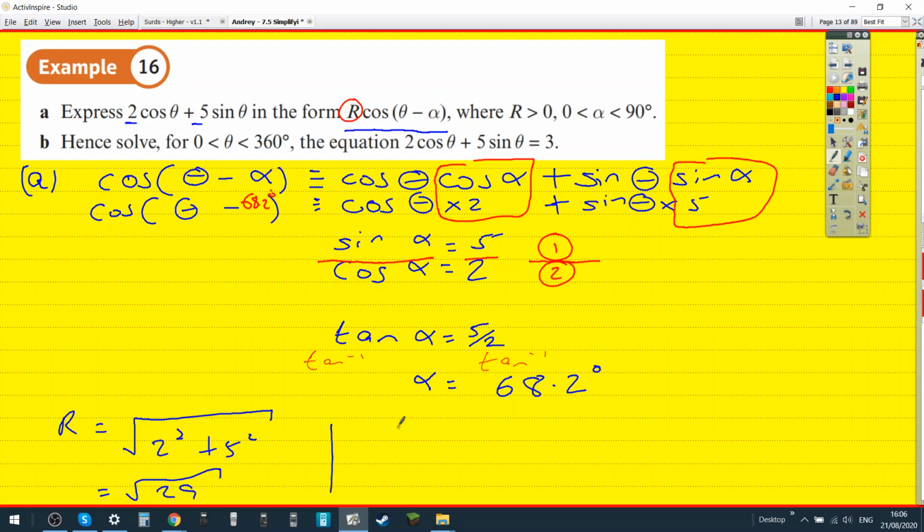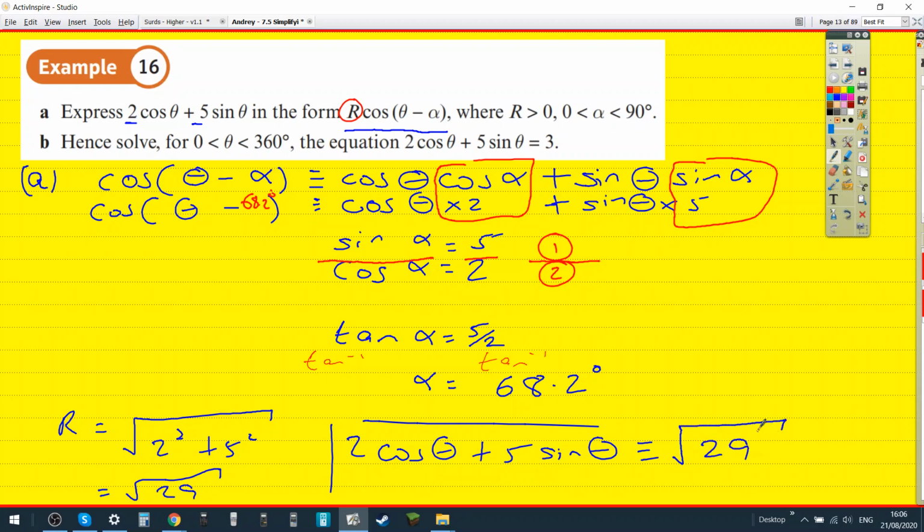And so 2 cos theta plus 5 sine theta is the same as root 29 cos(theta minus alpha). And what is alpha? 68.2. That's it.